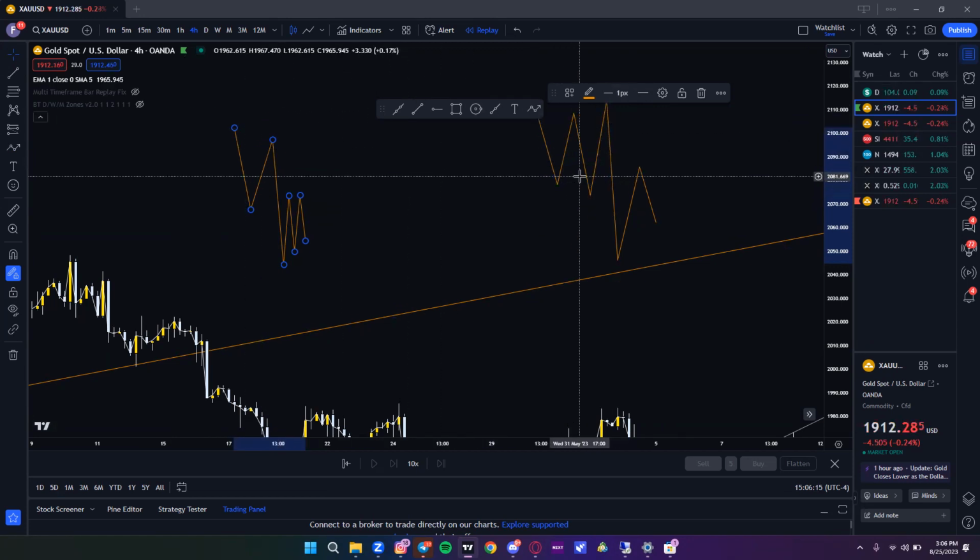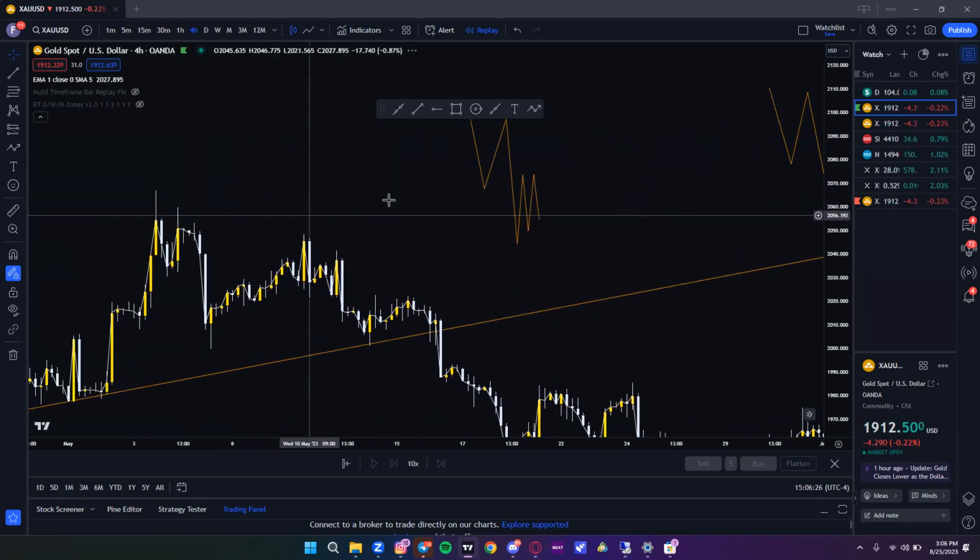This one has two supports. The first one has one support. But they can be used with the same idea.